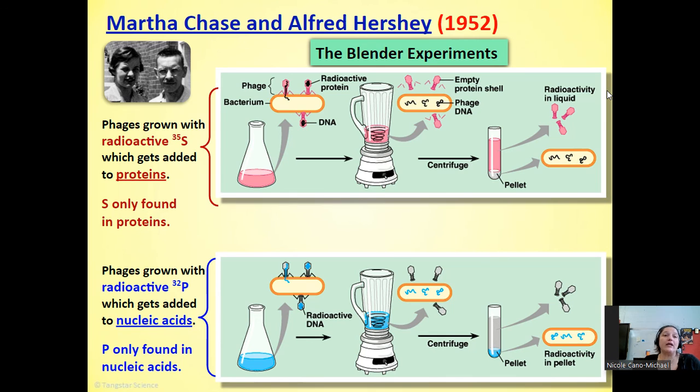The conclusion here is beyond a reasonable doubt that DNA is the carrier of genetic information. And the evidence for this, of course, is that they found that DNA in the bacteria, which is where we would expect to find the genetic material of the bacteriophage. So that kind of takes us through that. All right.